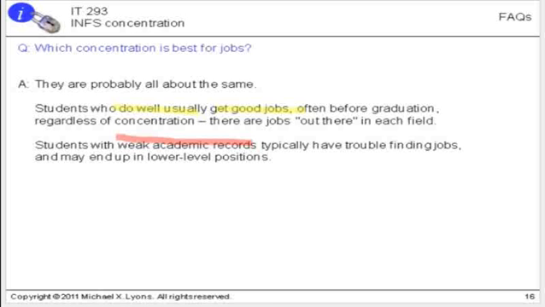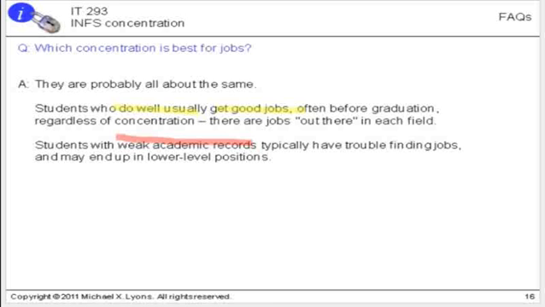So if you've got weak grades, regardless of what concentration you're in, particularly in the current economy, you can expect to have trouble lining up one of those really good jobs. And students with weak academic records often go a long time before they get a job, and then they may not get a job that they think is terribly good and doesn't pay very well. And so when you get to graduation and you get into job-seeking time, that's where it really starts to depend heavily on the grades that you've got.